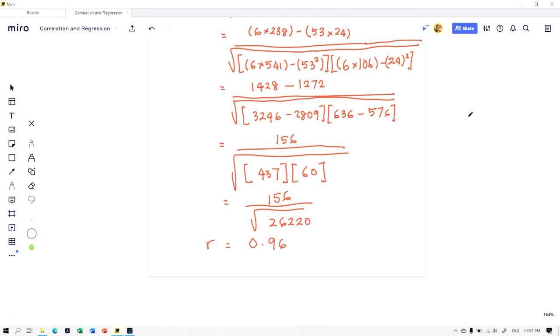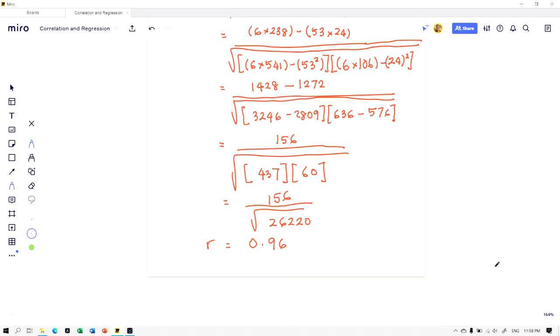From these results, we know that the strength of the relationship between x, distance travel, and y, the traveling cost, is very strong because it is almost 1.0.